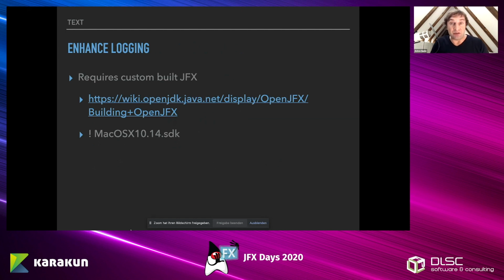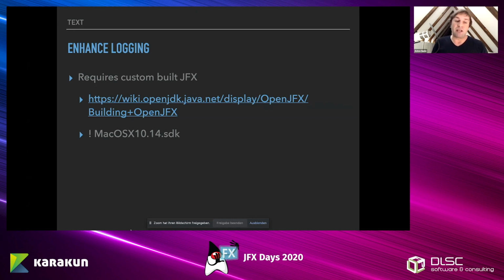This is really useful information, but sometimes you need more of it. And you can actually enhance logging by adding your own information. This requires you to custom build your JFX. It's not that hard. You can go to the wiki, open jdkjava.net, and it will show you how to build JavaFX for your platform.